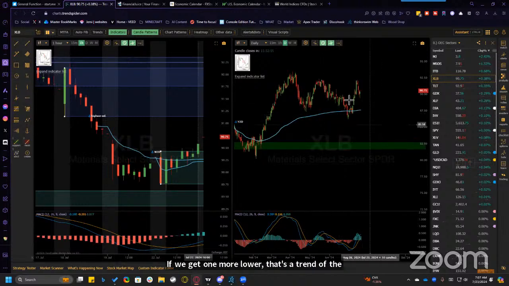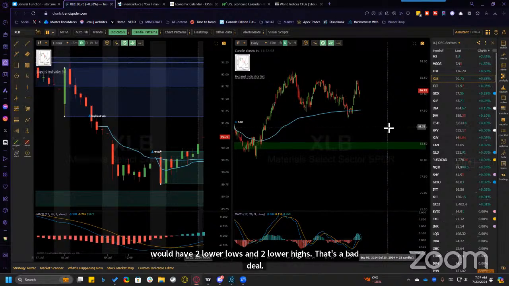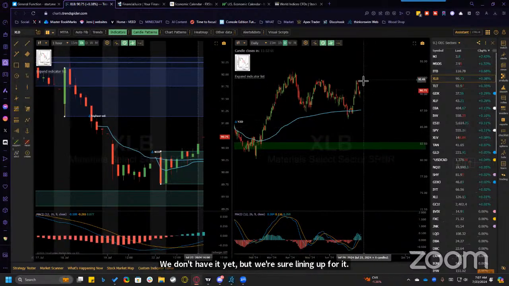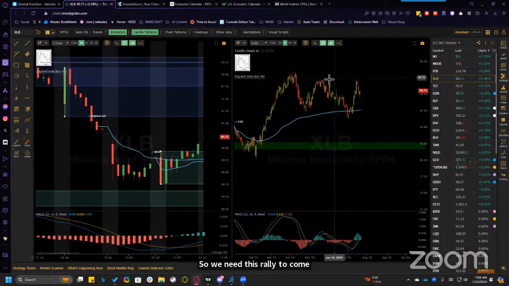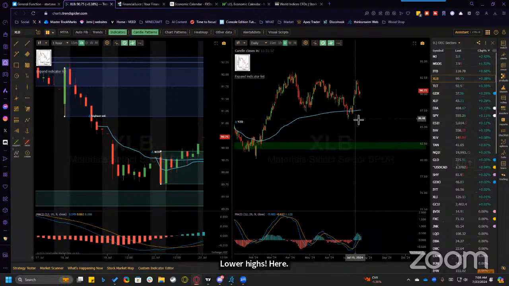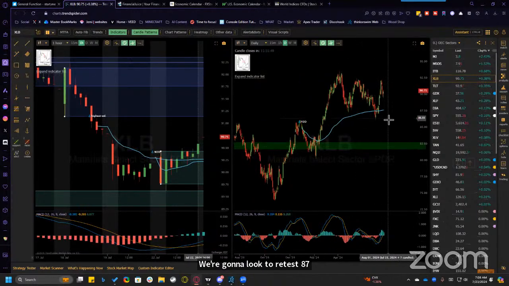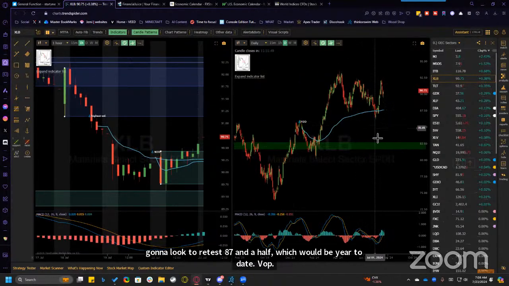We would have 2 lower lows and 2 lower highs. That's a bad deal. We don't have it yet, but we're sure lining up for it. So we need this rally to come up and break these 2 lower highs here. Otherwise, we're going to look to retest 87.5, which would be year-to-date VWAP, and then see if we can break this low and get a new low.